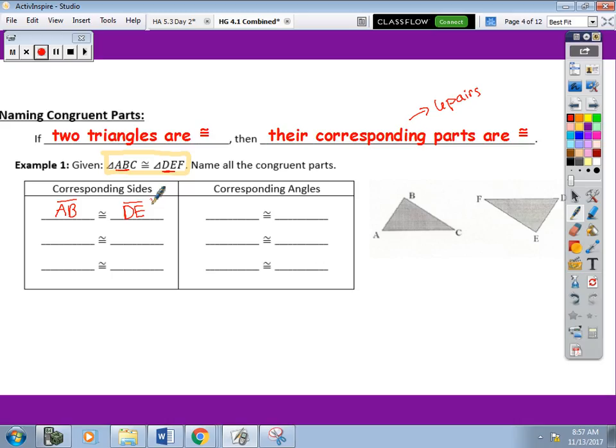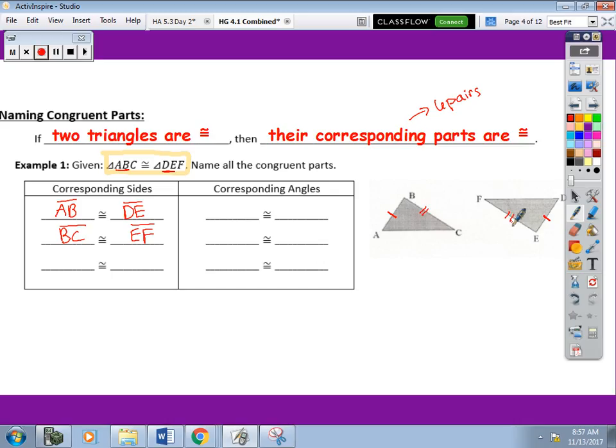Do the second letter and the third letter. So side BC, segment BC, will be congruent to segment EF. And if you want, we could mark these in the picture as we're doing it. So AB would have 1 marking, DE would have 1 marking. Those are congruent. BC, 2 markings, EF, 2 markings.